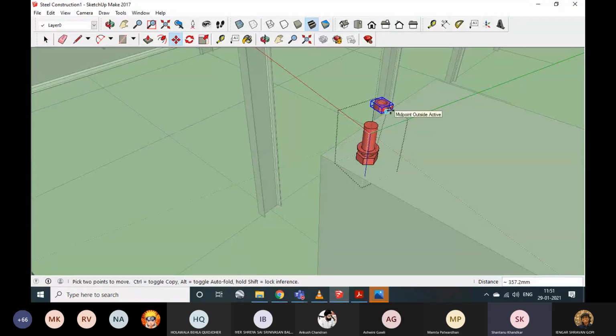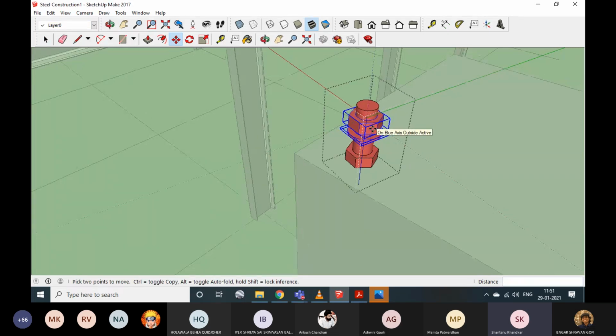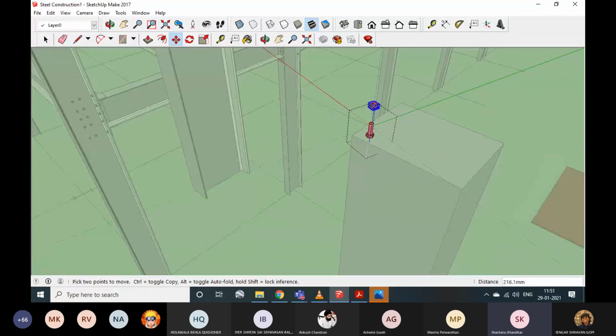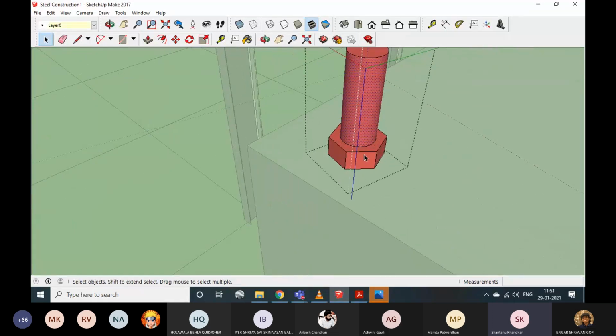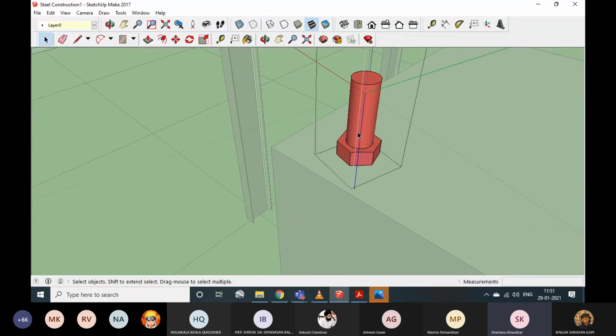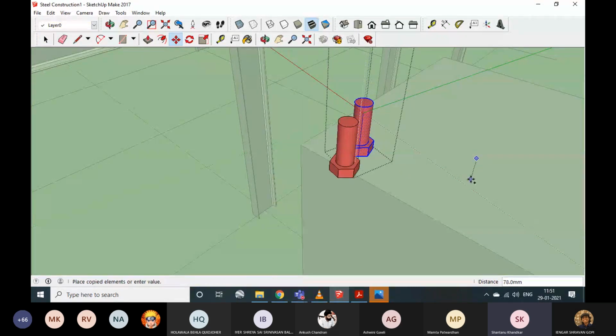Let's remove the nut and the washer for the time being. What will happen is that this kind of bolt, though not exactly this kind of bolt obviously, but something called an anchor bolt, will get placed in the column itself.